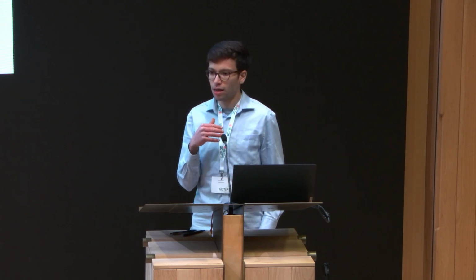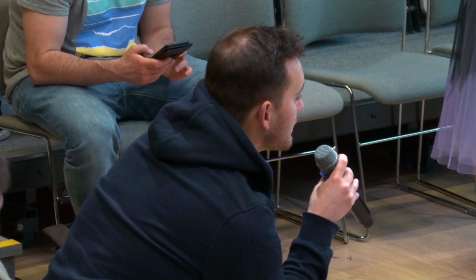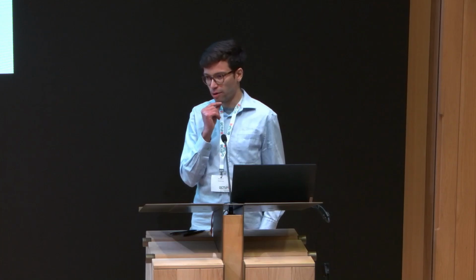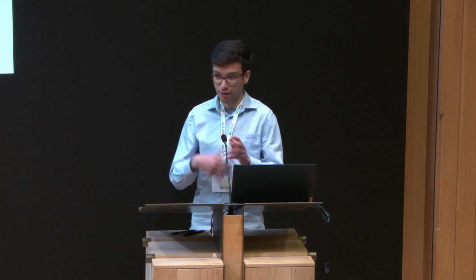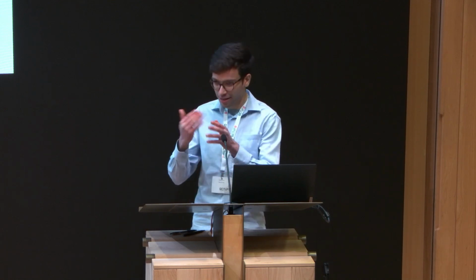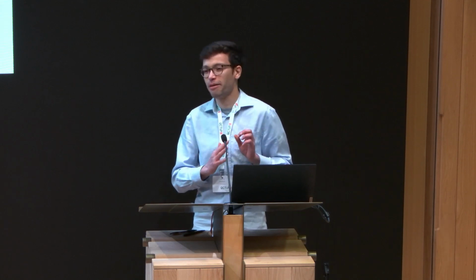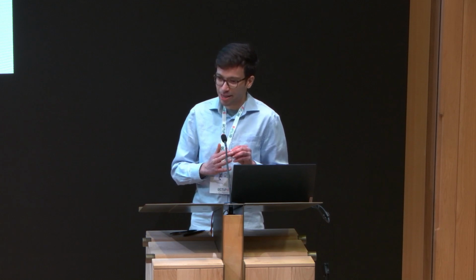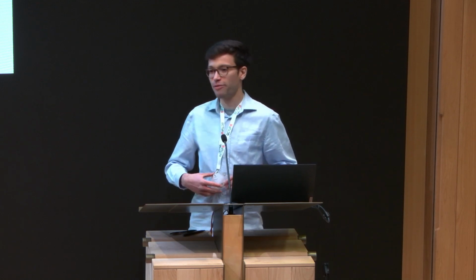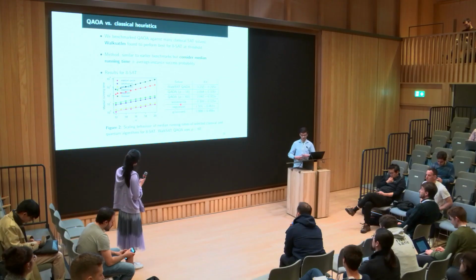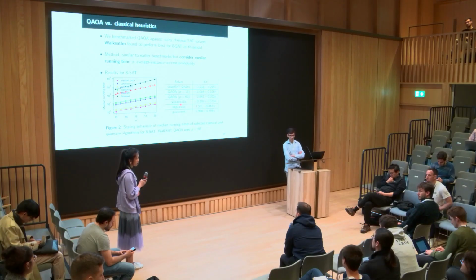So you count steps. It's not runtime in seconds or anything, because that wouldn't be comparable between quantum and classical because of different clock speeds and so on. There's no cheating on this side. And actually, if you think a bit about it, the fact that we only found a mild speed up of QAOA over classical means that it's not clear yet whether with concrete clock speeds on quantum processors, you'll have an advantage. Okay, thank you.